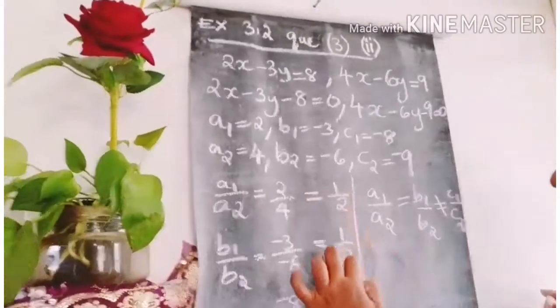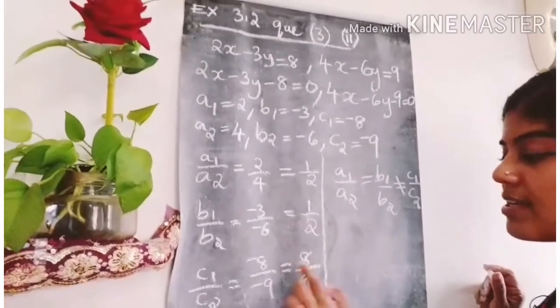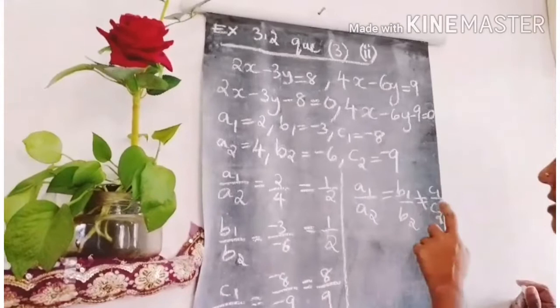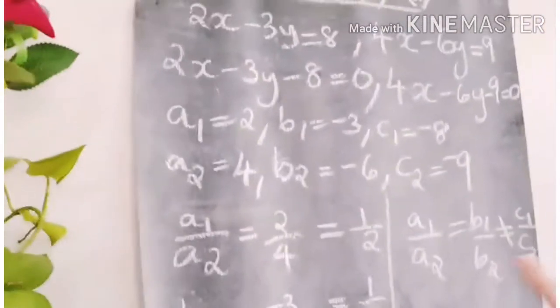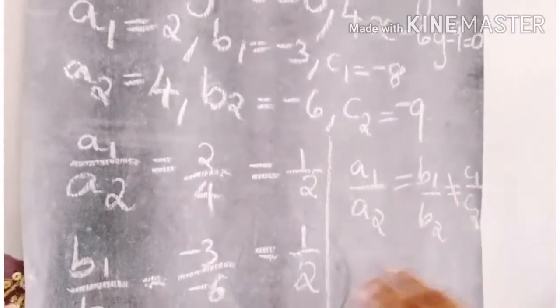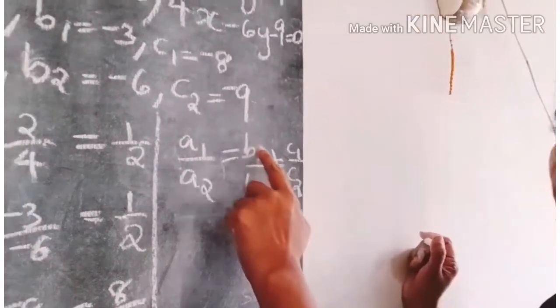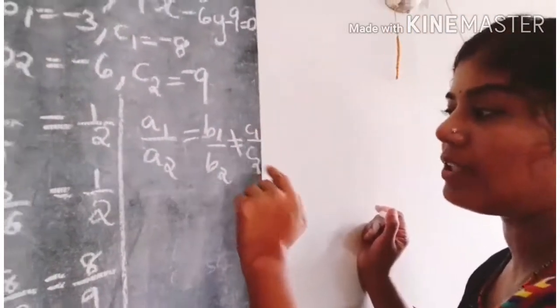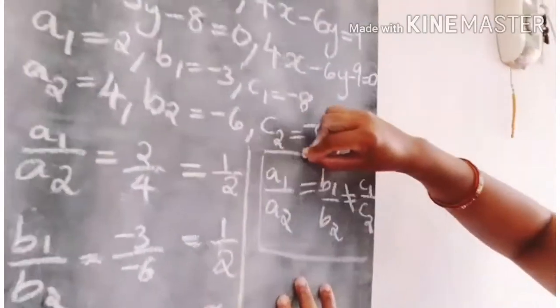These two values are equal, but in the third case, c1 by c2, you got 8 by 9, so that is different. The first two are equal. In the previous one, you got a1 by a2 not equal to b1 by b2. But in this question you got a1 by a2 equal to b1 by b2 but not equal to c1 by c2.